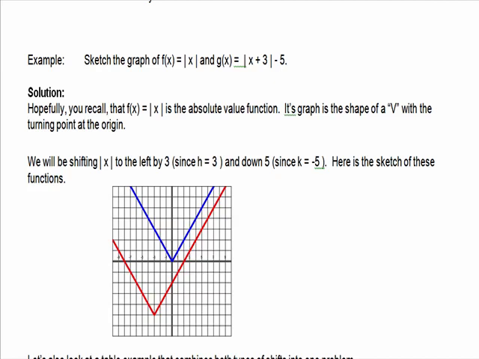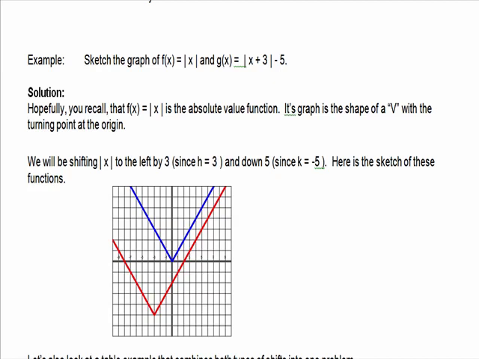To get g of x, we have a couple of things going on. We have the x plus 3, which remember plus means left shift. So we're going to left shift 3 units. And we have minus 5, which is a downshift of 5. So notice if I just look at the vertex, the turning point on the absolute value has moved left 3 units and down 5.